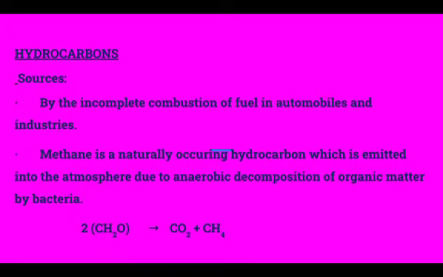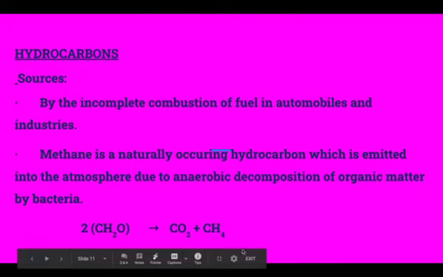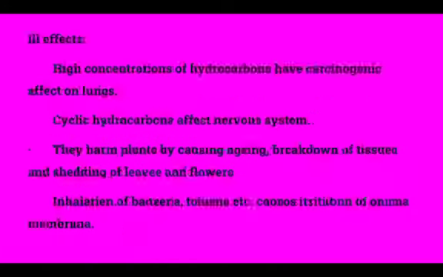Anaerobic decomposition means decomposition in the absence of oxygen. So, bacteria decompose the organic matter forming carbon dioxide and methane. Methane is a hydrocarbon which is released into the atmosphere. So, these are the major sources of hydrocarbons.